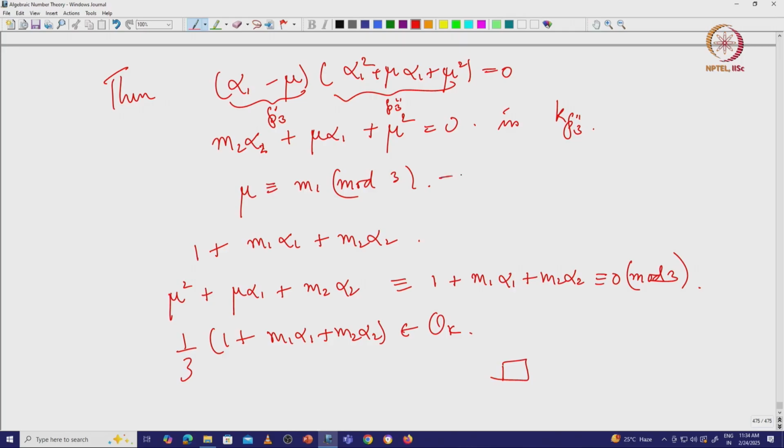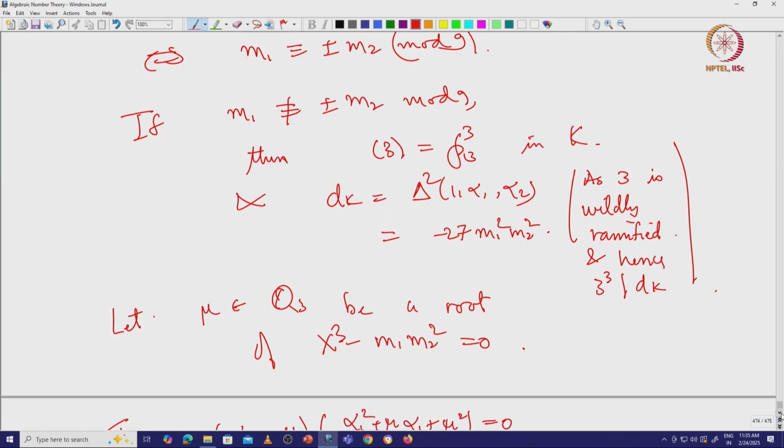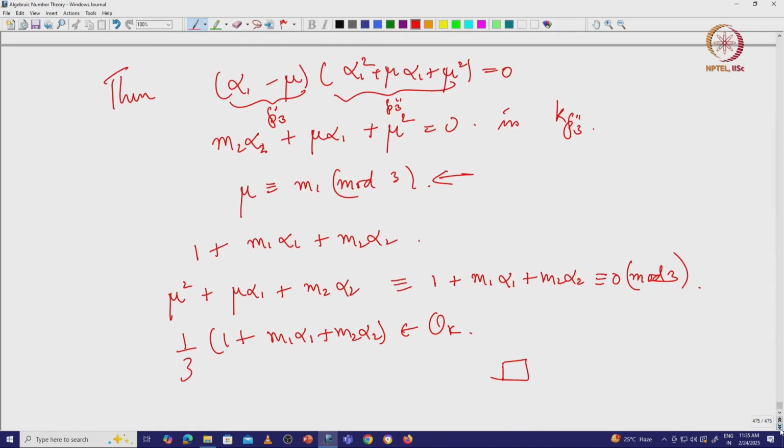Okay, sorry. So, maybe one more, why is this true? So, mu is congruent to m1 mod 3, this is precisely because you see mu is a root of this thing, right, so mu minus alpha 1 is 0 in P3 cubed.